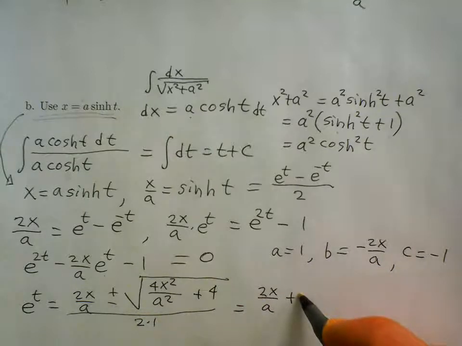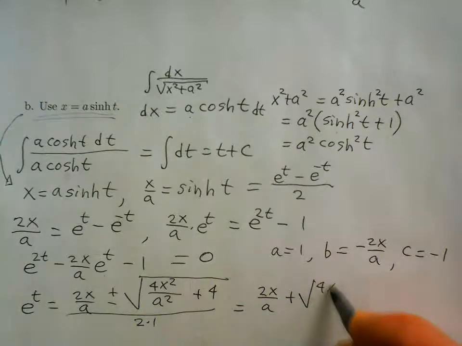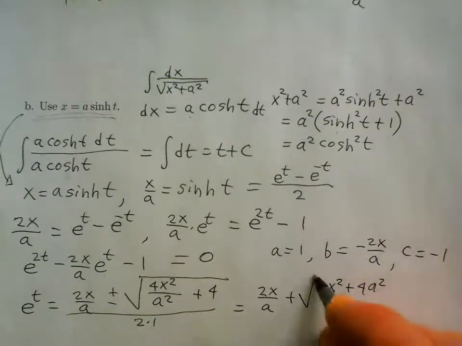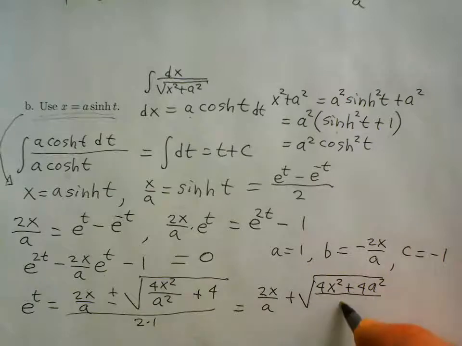So we get the square root of 4x squared plus 4a squared all over a squared, and then divided by 2.